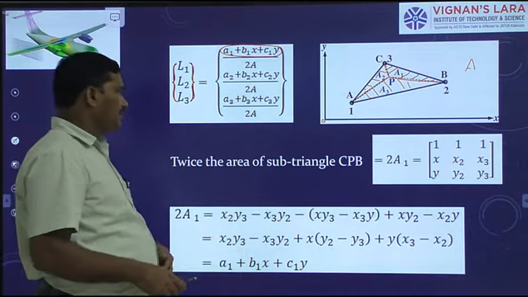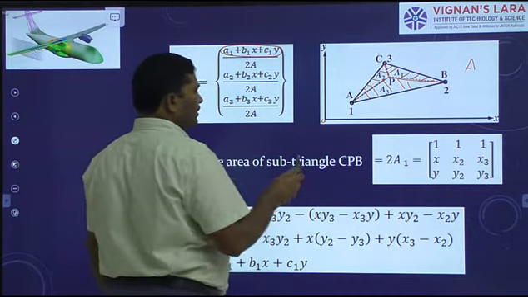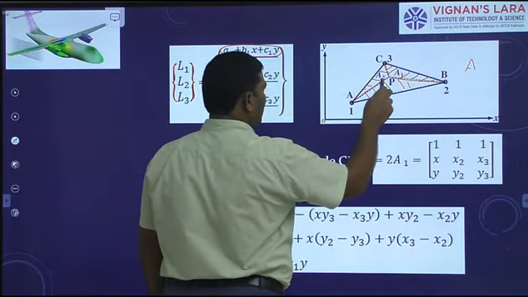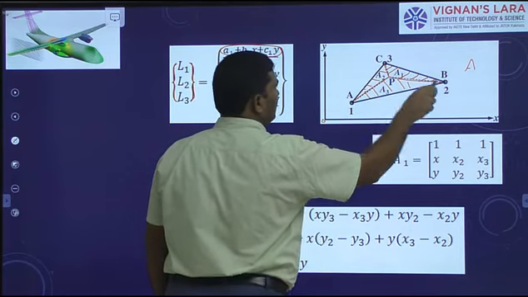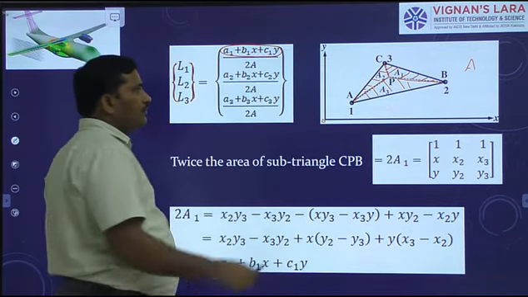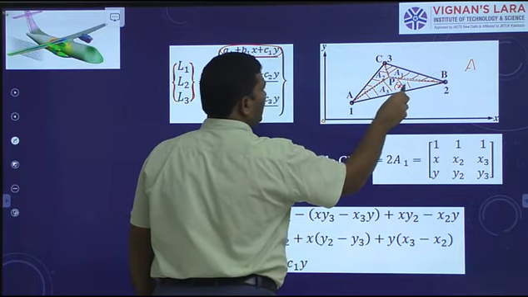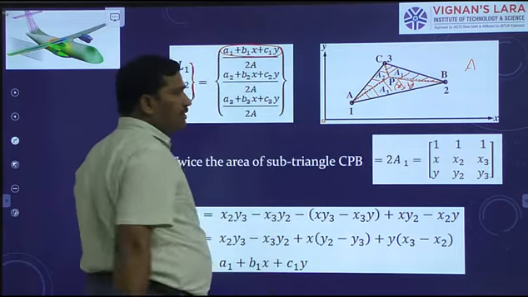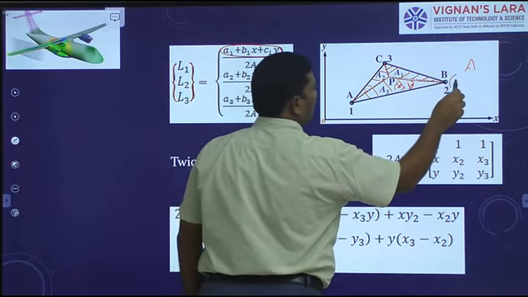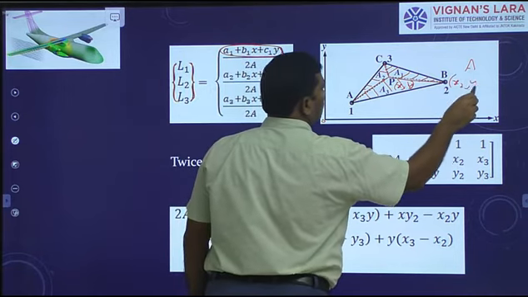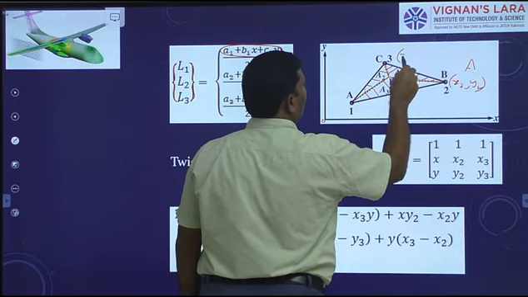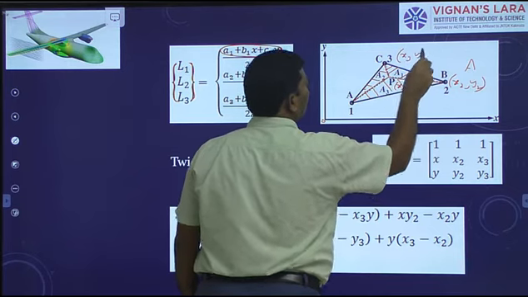Or what you do is take twice the area of triangle CPB. Determine carefully, because we have the coordinates of P: x and y. The coordinates of B are x2, y2. The coordinates of C are x3, y3.